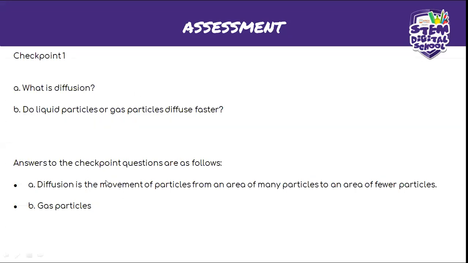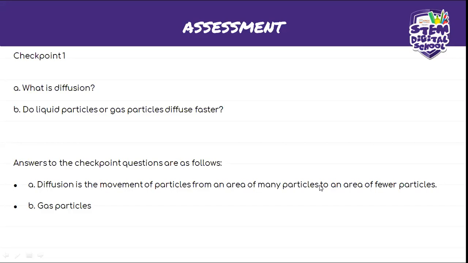So checkpoint one, the answers to the checkpoint questions are as follows. Diffusing is the movement of particles from an area of many particles to an area of fewer particles. We can also say diffusion is the movement of particles from a higher concentration to a lower concentration.